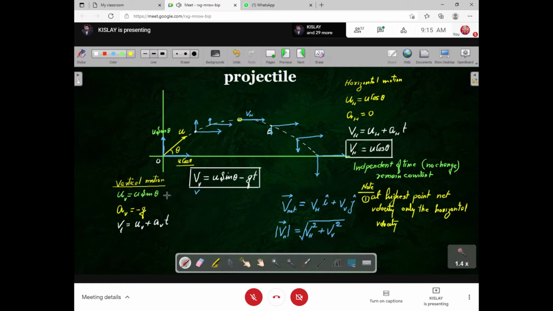And the second point, you may keep in your mind that if velocity initial is equal to u cos theta i cap plus u sin theta j cap, then velocity final will be u cos theta i cap minus u sin theta j cap.